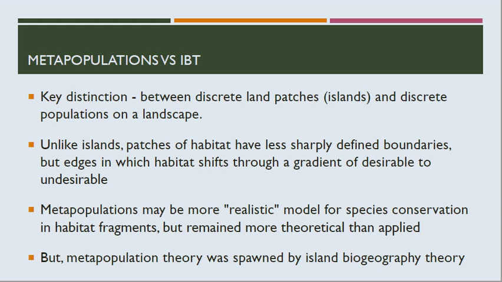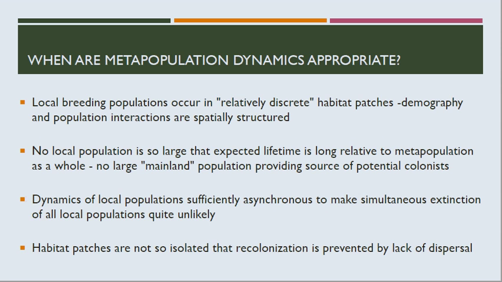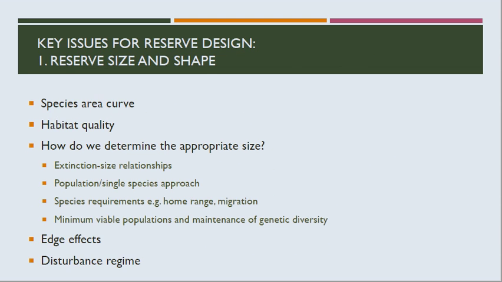So yeah, metapopulation dynamics are appropriate where you would have heterogeneous patches across a landscape where small populations live. So, taking into account island biogeographical theory, IBT, and metapopulation dynamics, we come back now to key issues for reserve design.